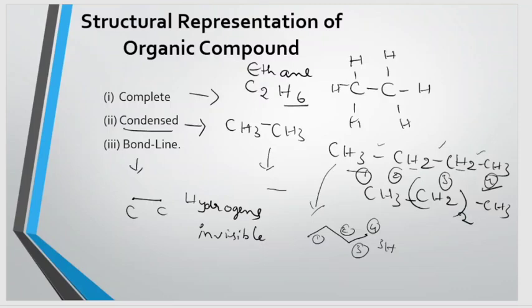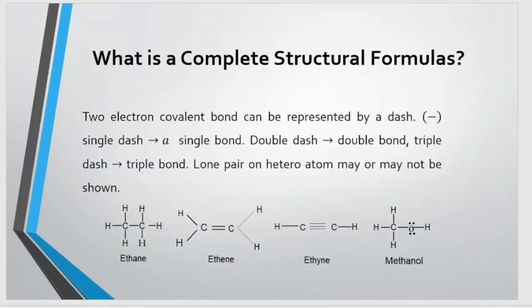So this is the bond line representation of an organic compound. Okay, now, what is the complete structural formula? A two-electron covalent bond can be represented by a dash. A single dash represents a single bond, a double dash represents a double bond, and a triple dash represents a triple bond. And the lone pairs on the heteroatom may or may not be shown.